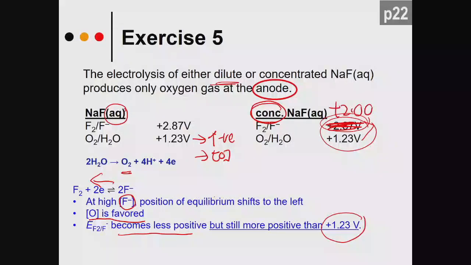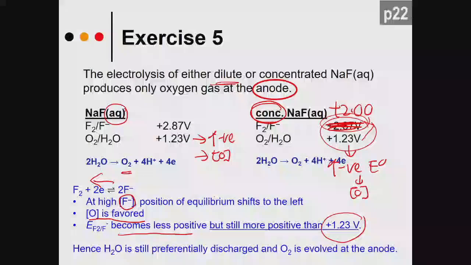So what you notice is that water still has the more negative E naught value, and therefore it will still favor the oxidation of water. Hence water is still discharged when you use concentrated sodium fluoride, and oxygen is formed.